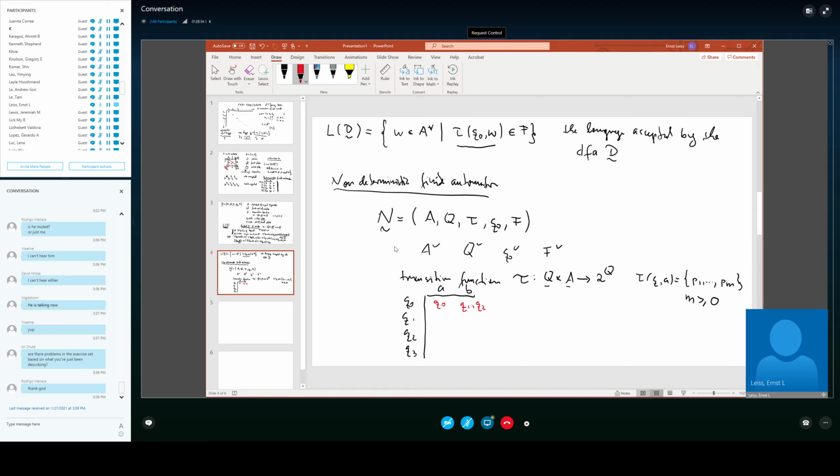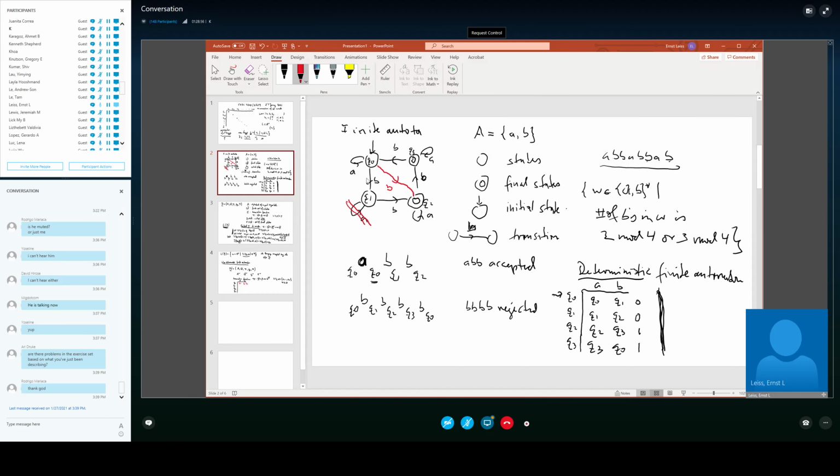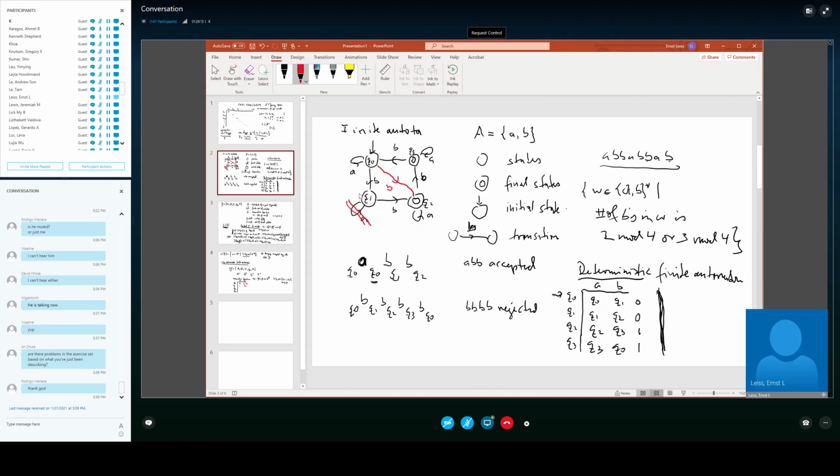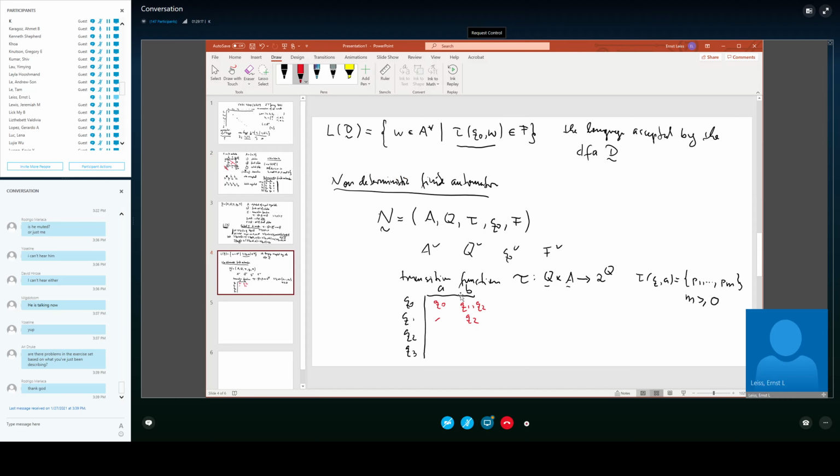Okay, let's look at that. Under Q1 I get rid of the transition under A and I keep everything else. So there's nothing, and then this is Q2. And from Q2, I have exactly what I had before, Q2 and Q3.